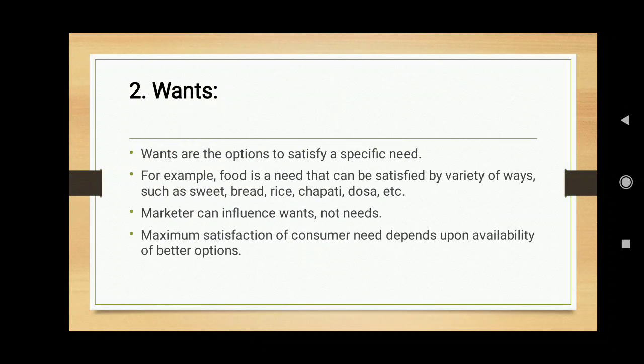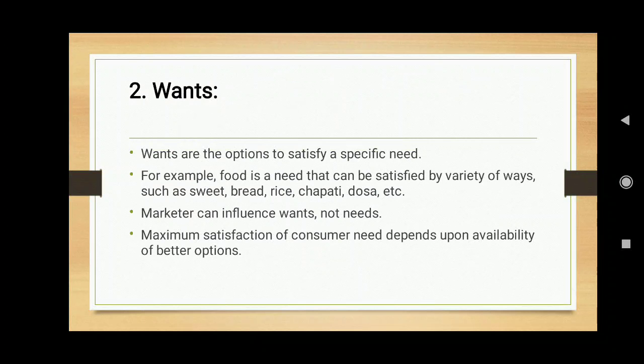So these wants are the options available to satisfy each and every need of an individual. For example, if food is a need, that can be satisfied in a variety of ways. If you are hungry, you can have bread, rice, chapati, puri, samosas, etc. Whenever you are hungry, if you want rice, then that need of hunger becomes a specific want, right?